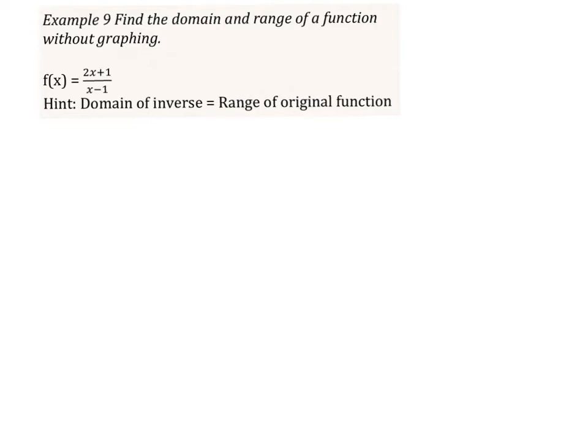Okay, so we want to find the domain and range of a function without graphing, of our inverse function. That's all we're trying to do here. First things first, I want to look at this and say, what is my domain? Again, in domain, all we're looking at is, can we ever divide by 0, and can we ever square root a negative?